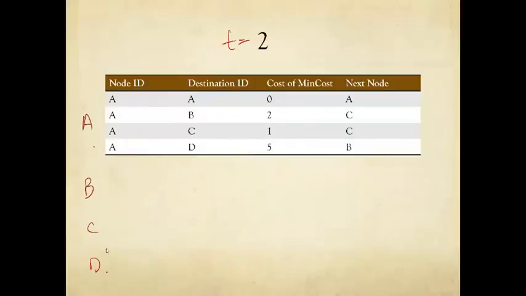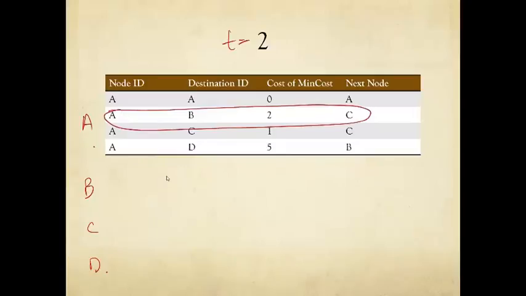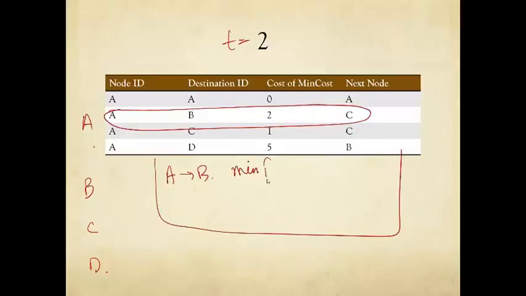Okay. So in particular, now let's look at this entry in the routing table for node A at time 2. It says if I want to, as computation, get from A to B at time 2, that is the min of 3 plus 0, 1 plus what? 1 plus 1. Why? Because from the last round's message, sent to me from node C, I know C can get to node B with a cost of 1.